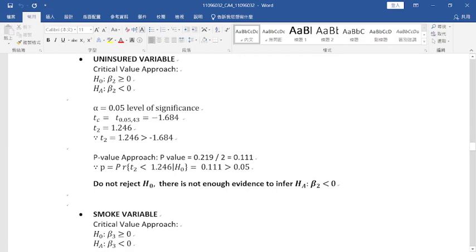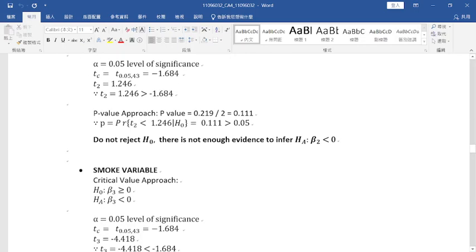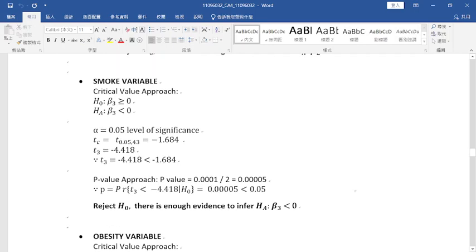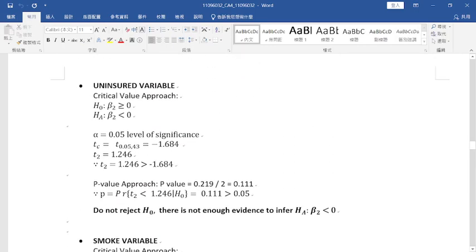Similar to the first one, we also do not reject the null hypothesis for the uninsured variable. But for this one, we use the negative value for the critical value, because we are looking at the left tail probability, or the left-hand side.